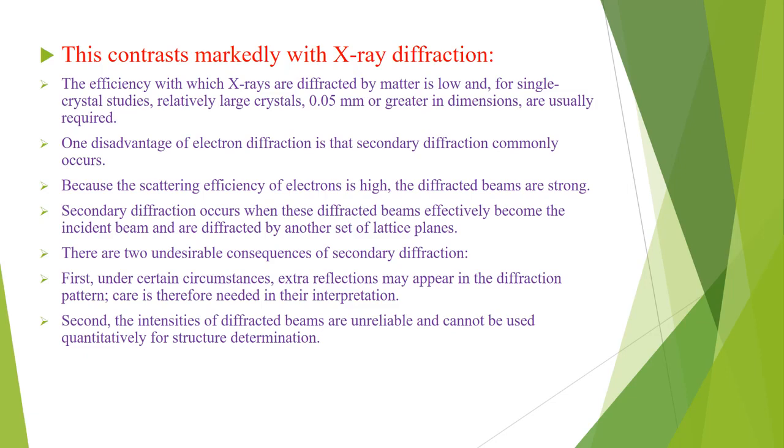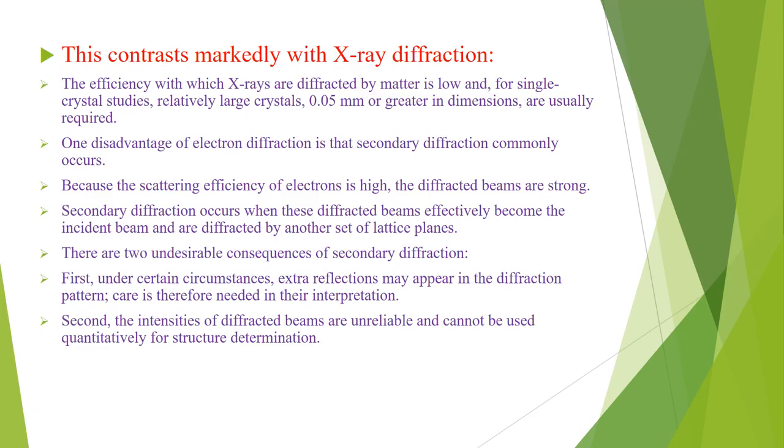This contrasts with X-ray diffraction. The efficiency with which X-rays are diffracted by matter is low, and for single crystal studies, relatively large crystals, 0.05 millimeter or greater in dimensions, are usually required.